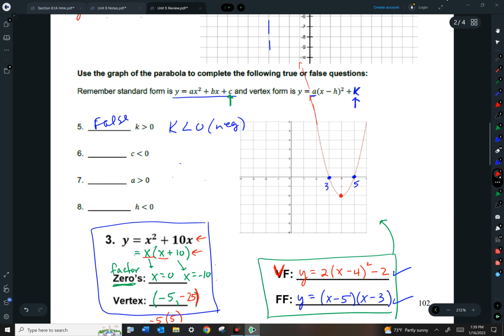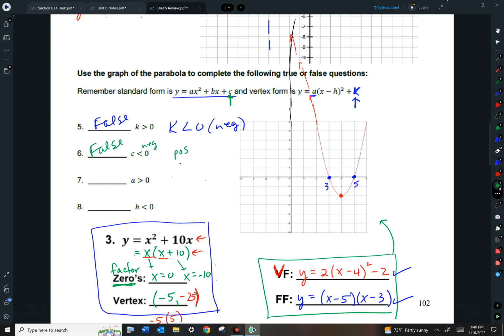And as it keeps going, eventually it's going to cross this y-axis, right? And when it crosses, it's going to be way up high. So isn't the y-intercept going to be a really high number, very positive? So that means that if it says c is less than 0, that's saying c is negative. No, it's not negative. The y-intercept is positive, right? So this is false.